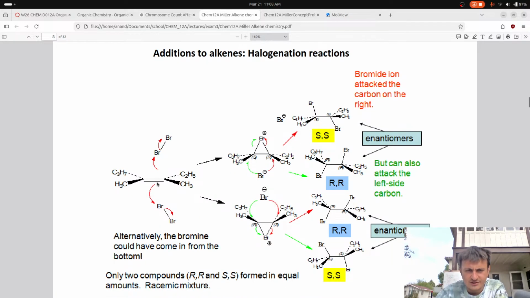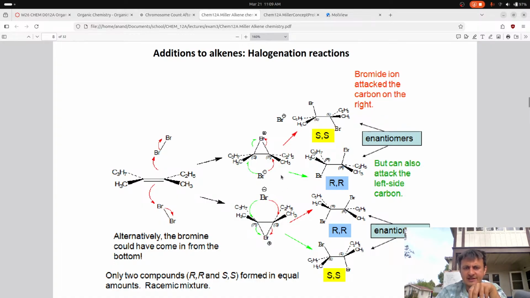but the important part is what forms here is not a carbocation. No carbocation forms.